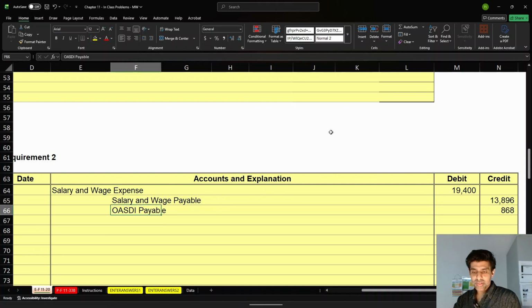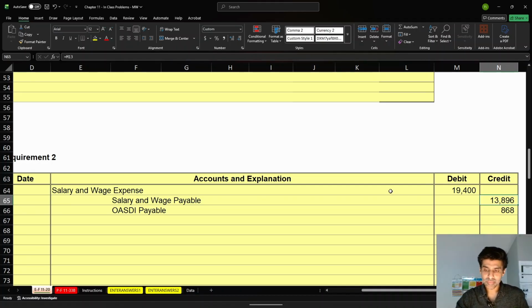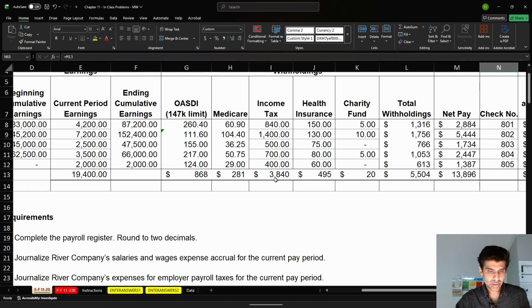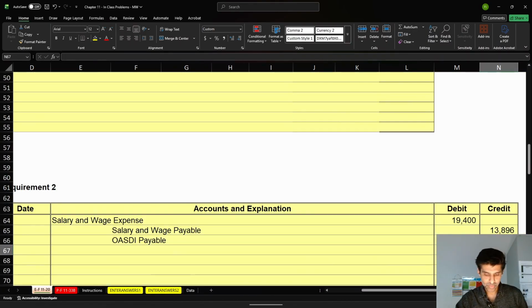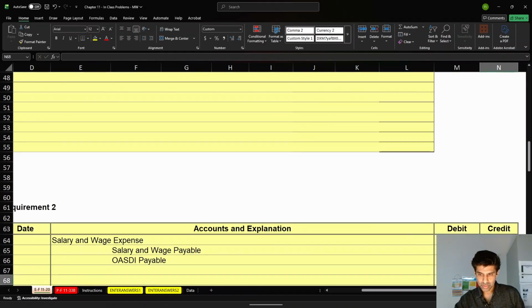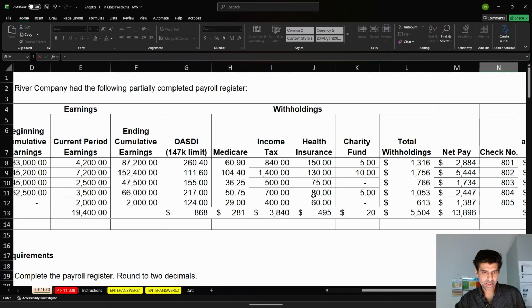I have an expense of this much total. Of that, I have to pay my workers. I'm also going to have to remit some money on their behalf to the Social Security Administration. I'm going to have to pay some to Medicare on the employee's behalf. I'm going to have to pay the IRS on the employee's behalf.